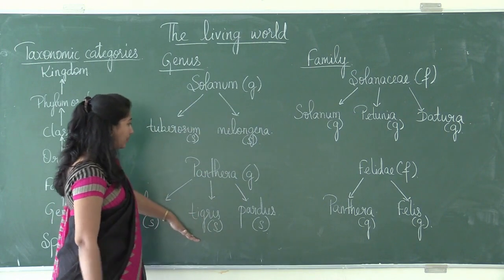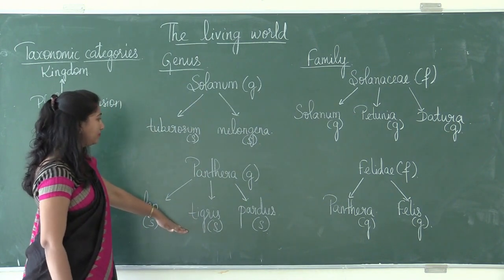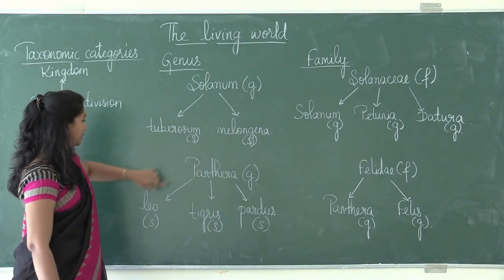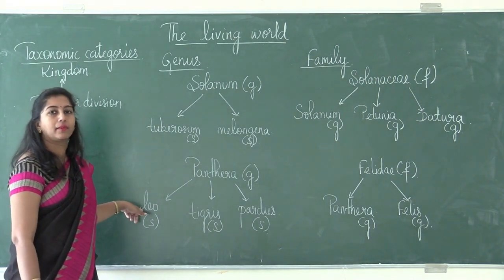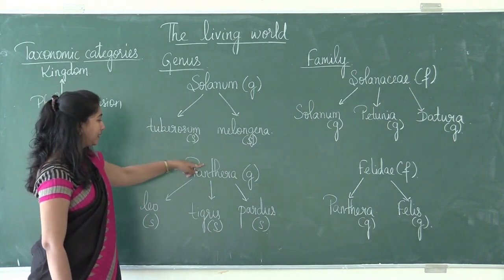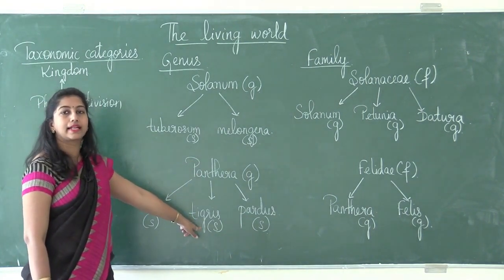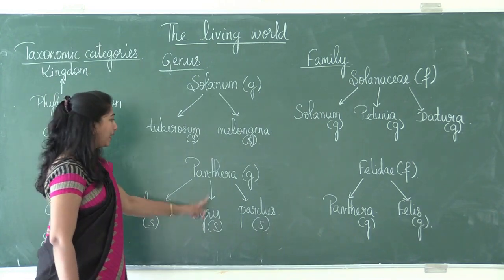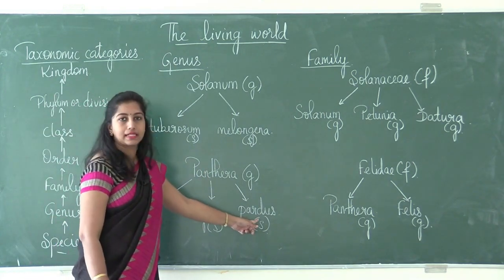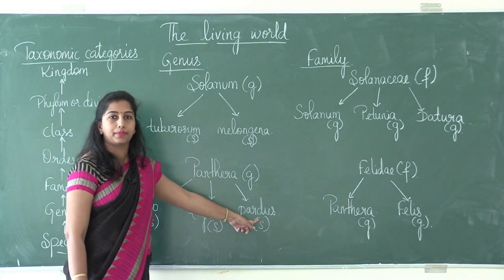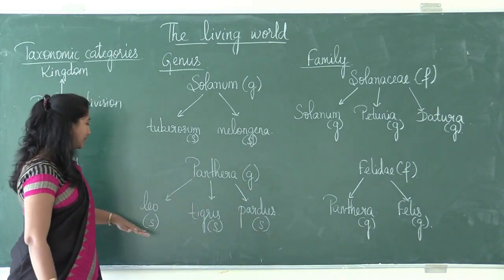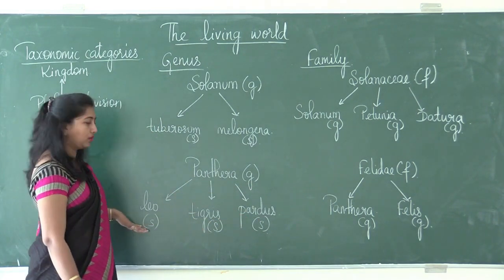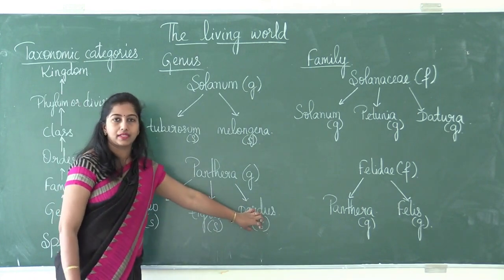To take one more example here, Panthera leo is the scientific name of lion, Panthera tigris is the scientific name of tiger, and Panthera pardus is the scientific name of leopard. Now if you observe, leo, tigris and pardus are the species names.